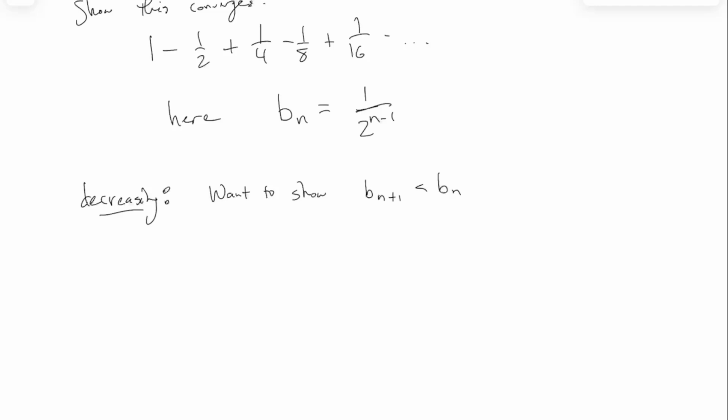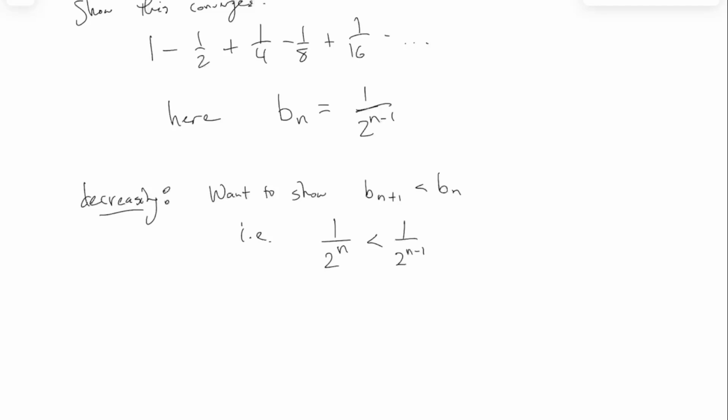That's what it means to be decreasing. And then plug this into the formula up there, i.e., this is the same as 1 over 2 to the n minus 1 plus 1, so that's just 1 over 2 to the n, less than bn, 1 over 2 to the n minus 1. Right? I am plugging in n plus 1 to the formula for the sequence bn.